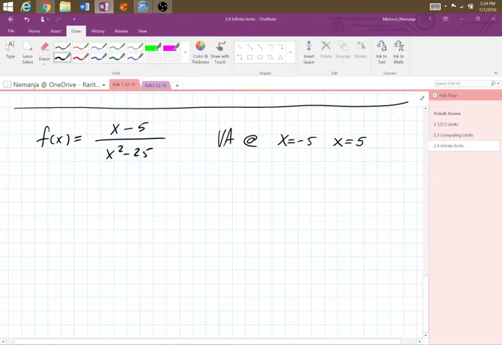Would anyone agree, disagree, add or subtract anything? Yep. No vertical asymptote there.